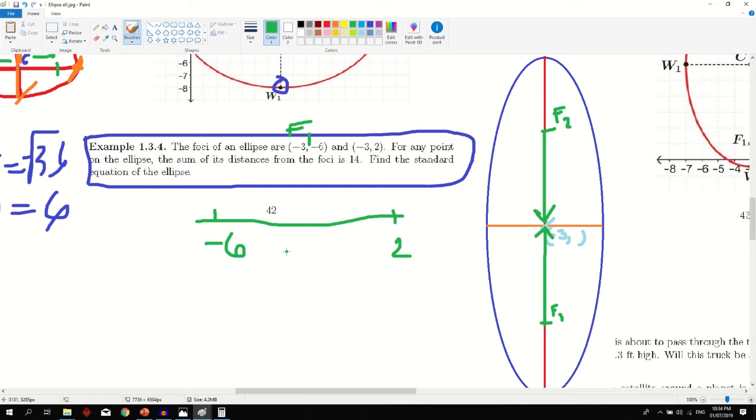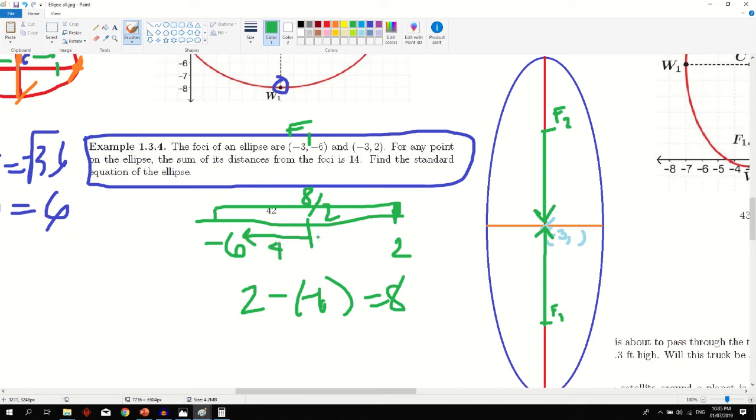It will be this one and this one. So 2 minus the lesser one, negative 6, is equal to 8. So this one is 8. We divide it by 2, so from here to there it will be 4, and from here to there it will be 4.